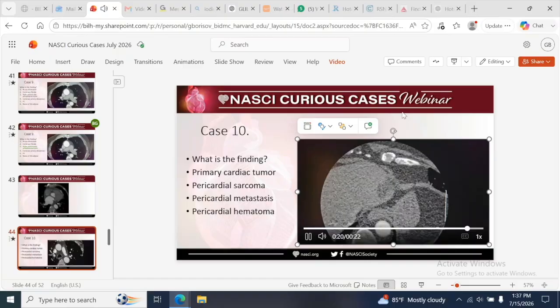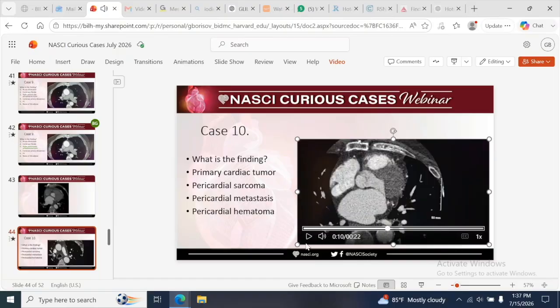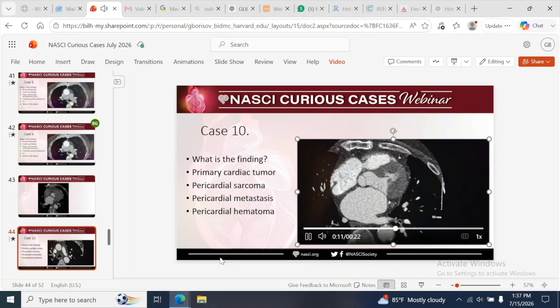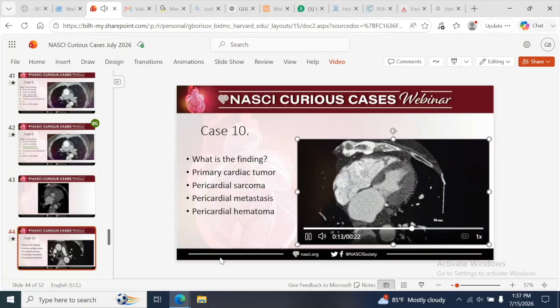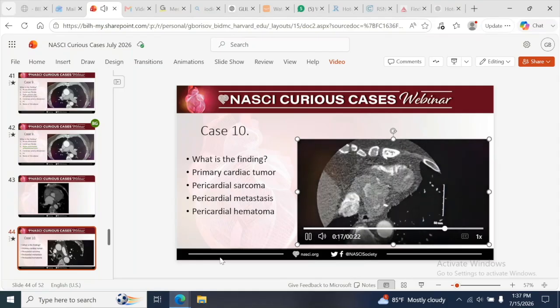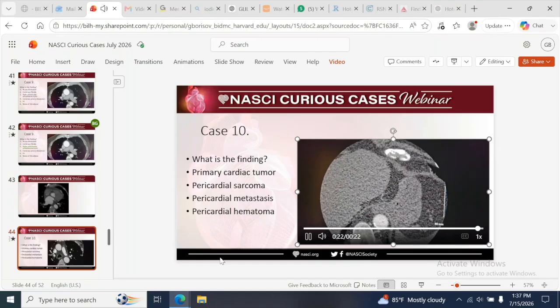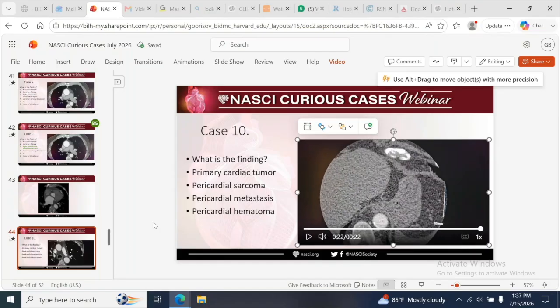Let's play it again, but this time only from the middle to speed it up. Okay, so I think it's a pericardial hematoma.